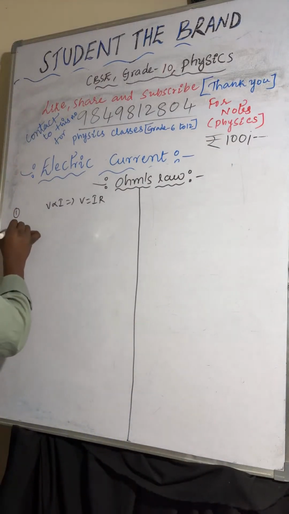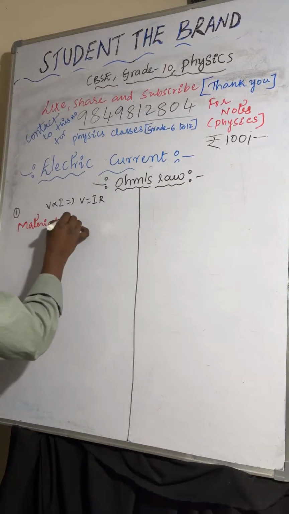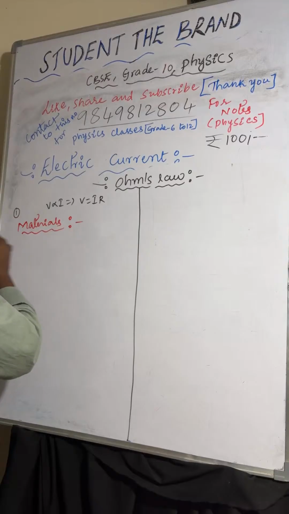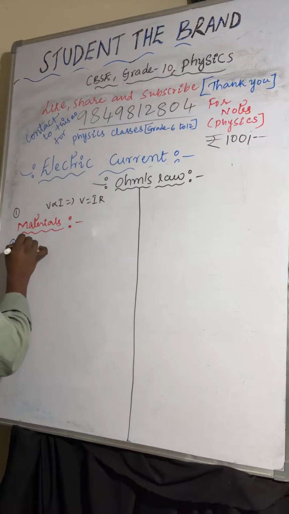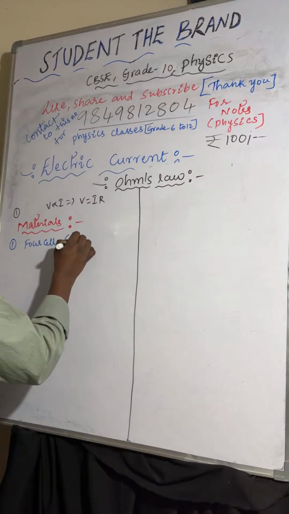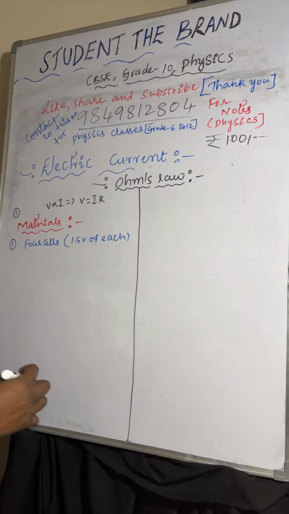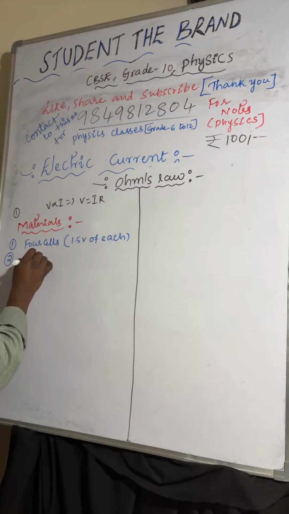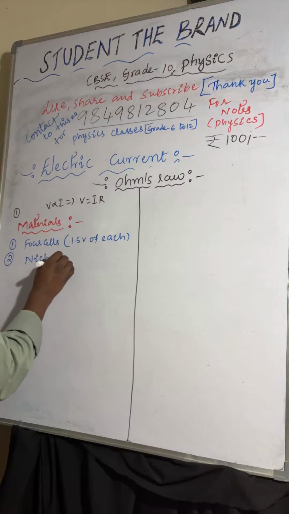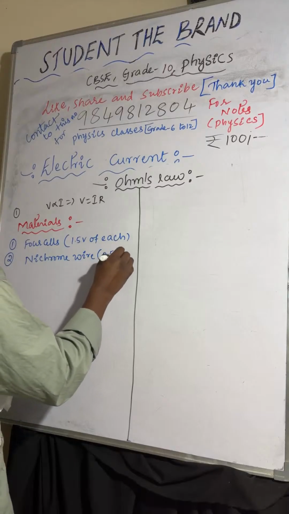Materials required. Point number one: four cells, 1.5 volts each. Second one, nichrome wire, 0.5 meter length.